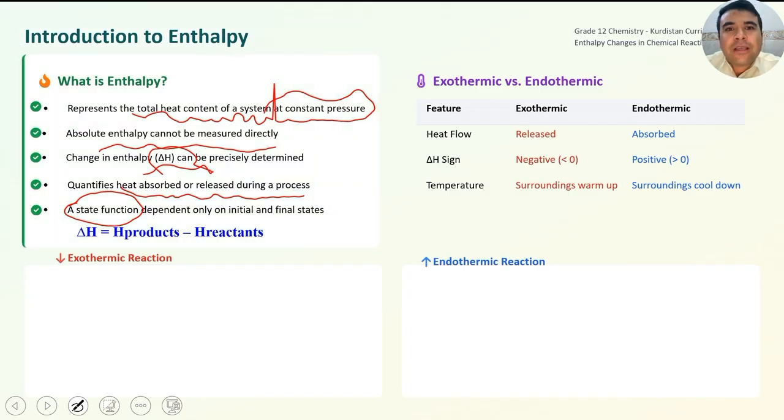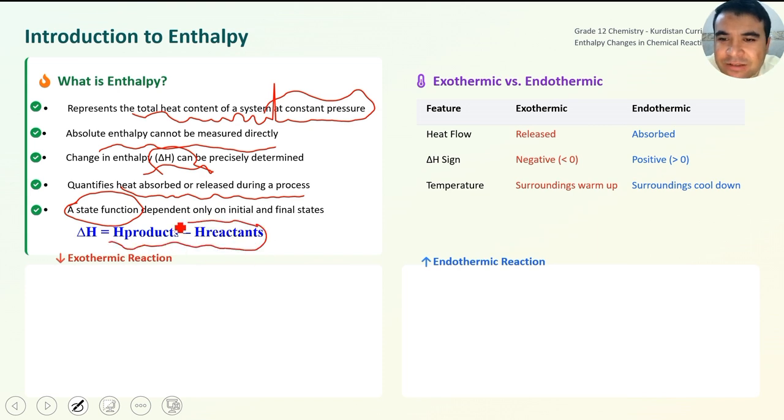To solve the enthalpy change, we subtract the reactant's enthalpy from the product's enthalpy. We measure how much heat we have in the system at the beginning, and at the end of the reaction we measure the heat again and subtract the initial from the final. That will give the enthalpy change of the process.